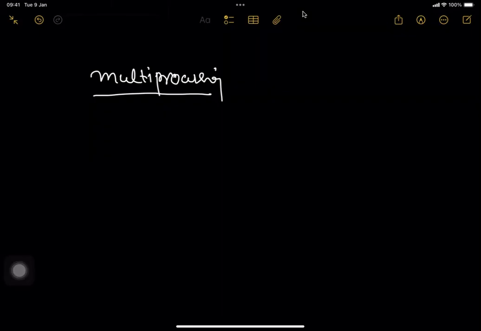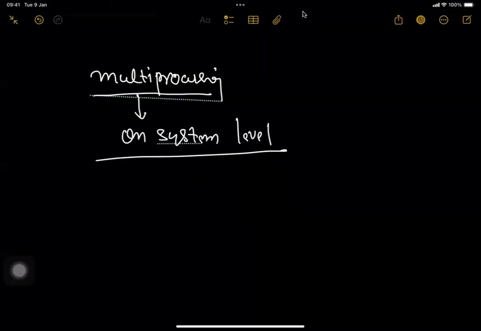So multiprocessing always occurs, or we can achieve it, on the system level. What does system level mean? Let us assume this is my laptop. In this laptop, what is the lower level of that? When I'm going into the processor or the thread, those are the lower level. So on the system level you can achieve multiprocessing, which is a part of multitasking.